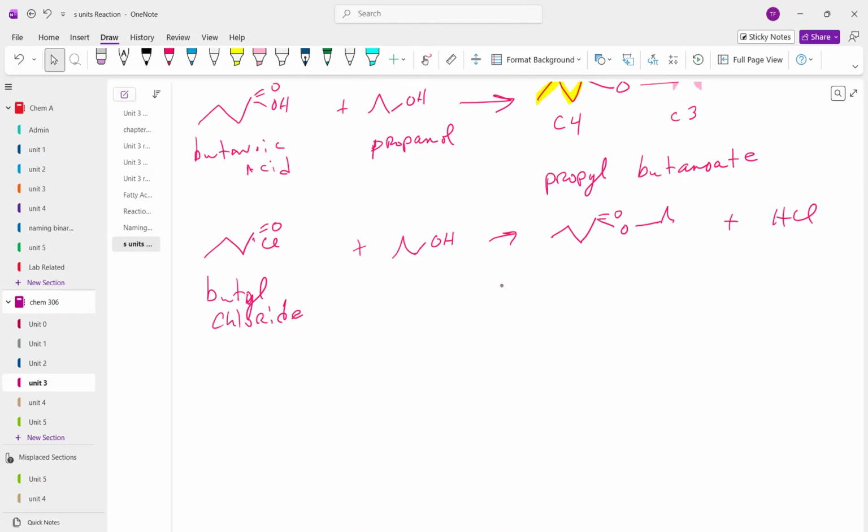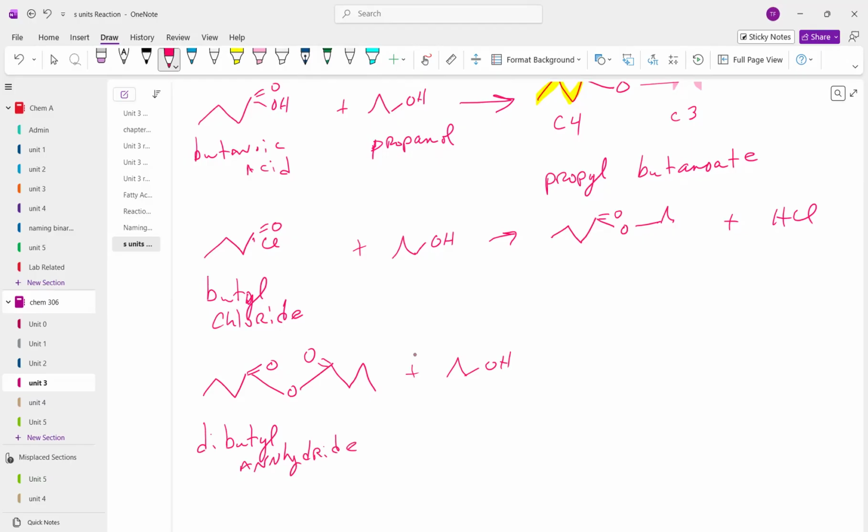So the anhydride, think of it as 2 esters together. Okay, so we're going to have, so this is going to be the anhydride, spelled 2 ways, 1 N or 2 N's.